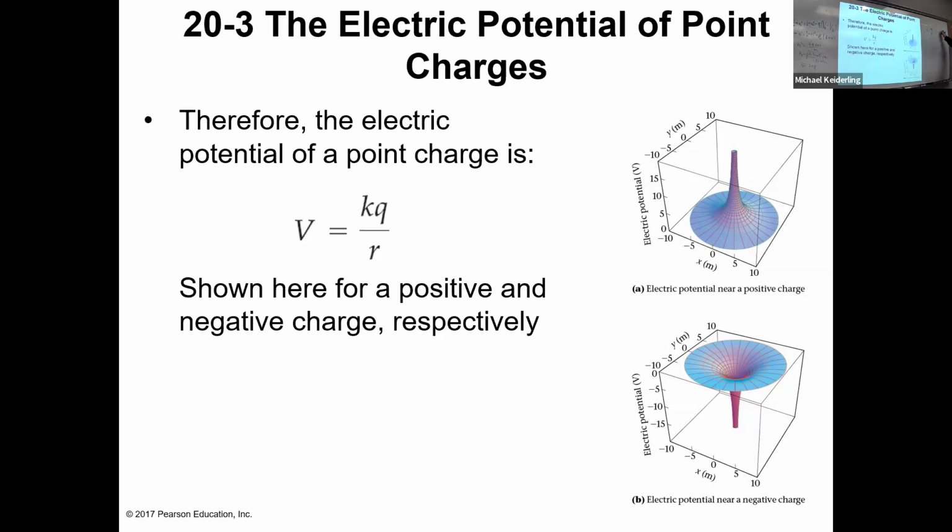K is 8.99, let me just, I think it's 9, but I don't want to get it wrong. 10 to the 9, not modified. Newton meters squared over coulomb squared.